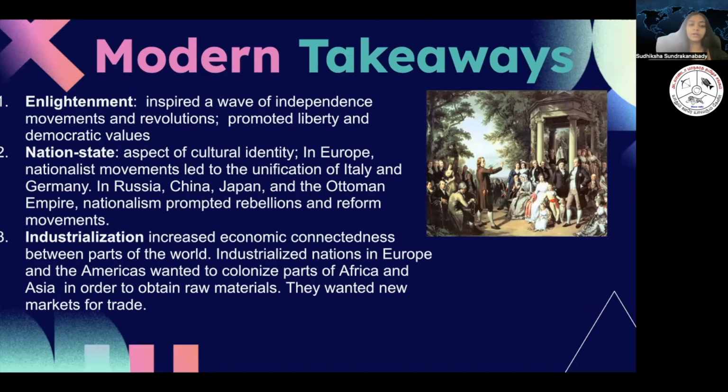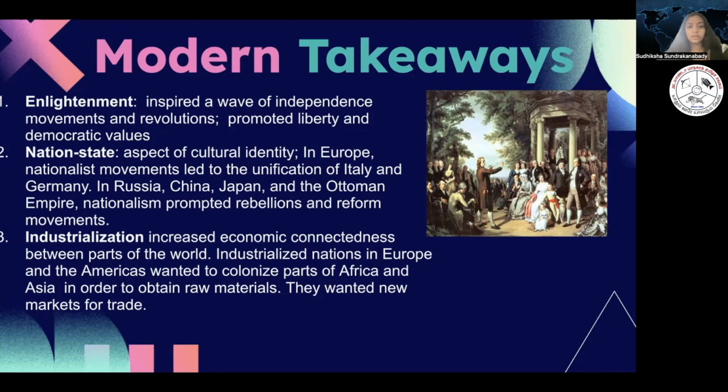So the Enlightenment was inspired by a wave of independence movements and revolutions, so it promoted liberty and democratic values. Next off, we have the nation state, which was an aspect of cultural identity. So in Europe, nationalist movements led to the unification of Italy and Germany. In Russia, China, Japan, and the Ottoman Empire, nationalism promoted rebellions and reform movements.